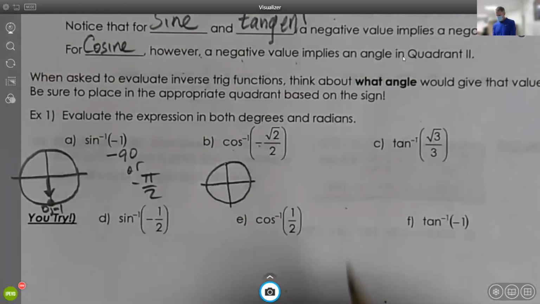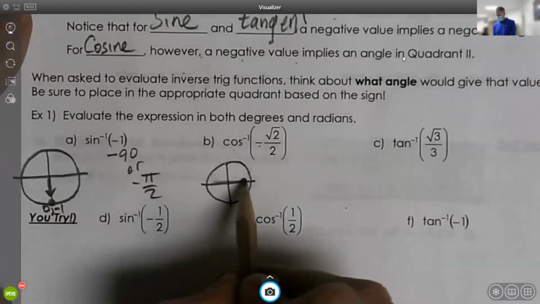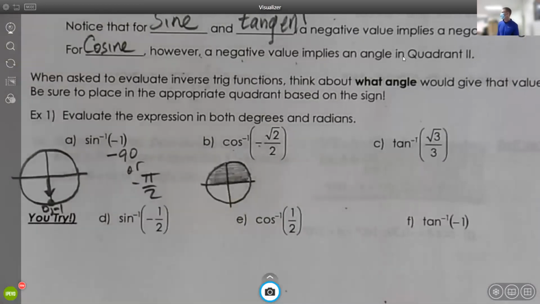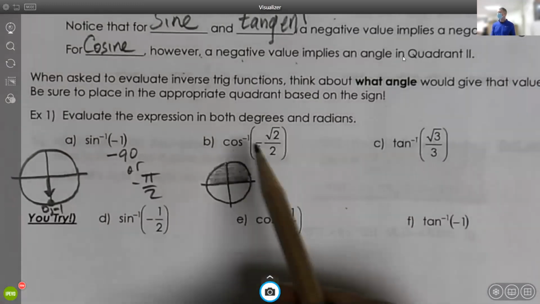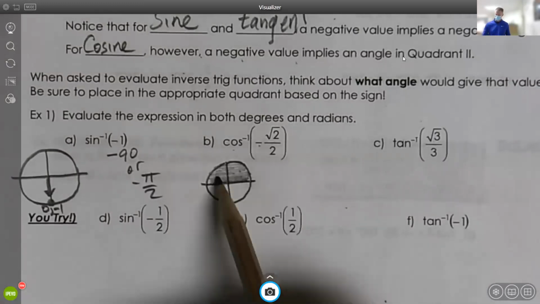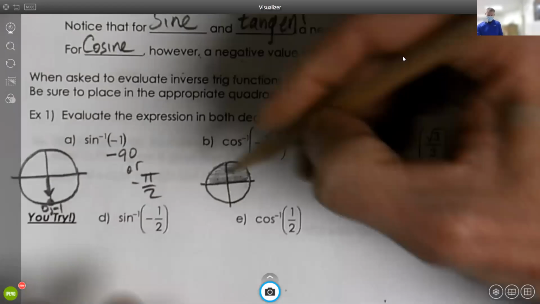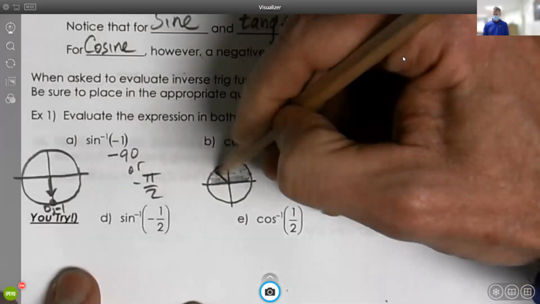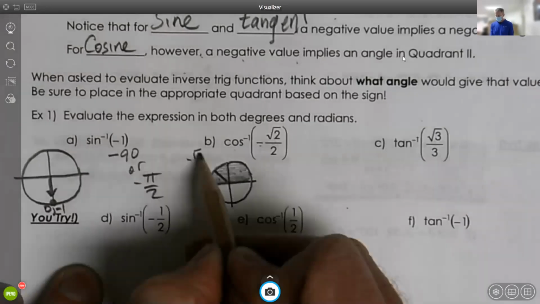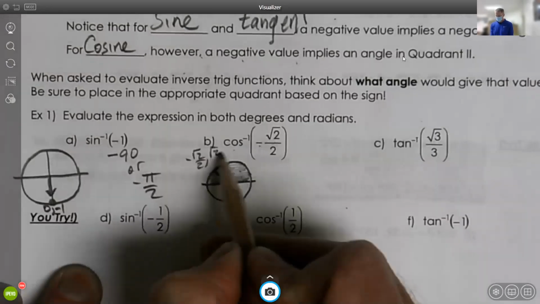Well, cosine is only in these two quadrants. So we're only going to look in those two quadrants. It would be positive in the first quadrant and it's negative in the second quadrant. So I'm expecting my -√2/2 to be in our second quadrant. I know my coordinates in this direction are -√2/2 and √2/2.